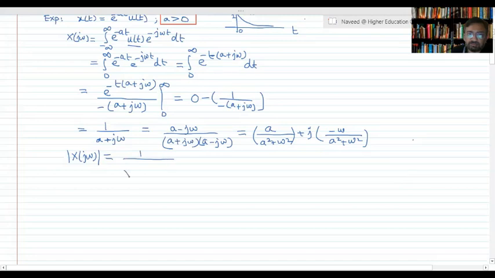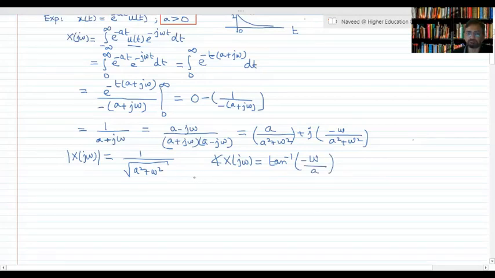We can very easily see that this magnitude is equal to 1 divided by the square root of a square plus omega square, and the phase, or angle, is tan inverse of the imaginary part divided by the real part, minus omega divided by a. So we have computed the real part and the imaginary part, and then the magnitude and the phase of the Fourier transform.